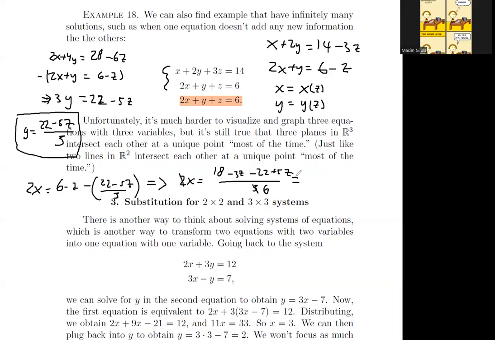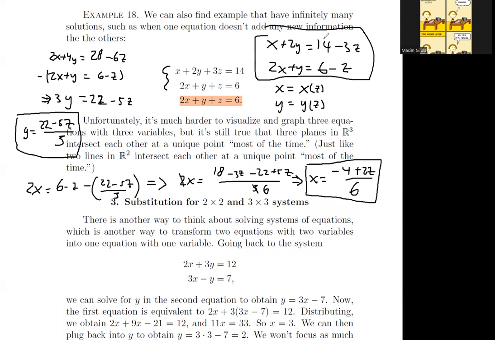So I get x equals minus 4 plus 2z over 6. And you could divide both sides by 2 to simplify. So you see in this case, you could treat the system as a 2 by 2 system and just leave z and have your x and y depend on z. But this is infinitely many solutions because now z can be anything, and x and y depend on z.